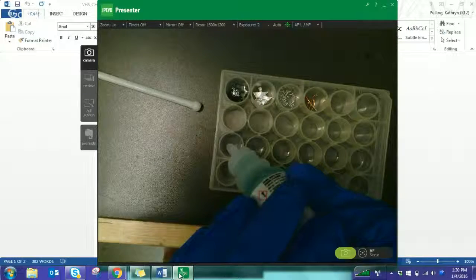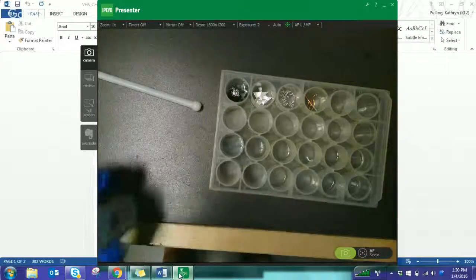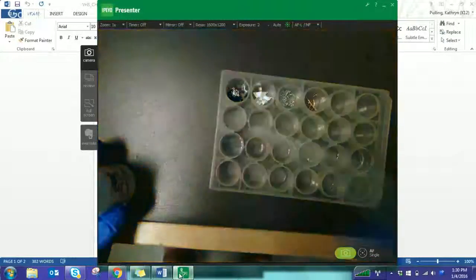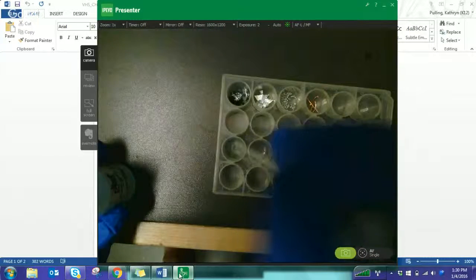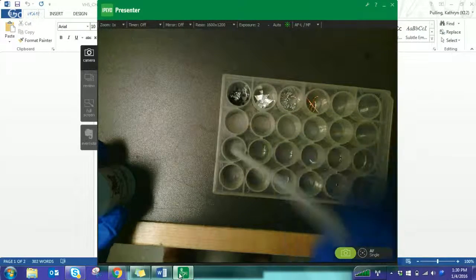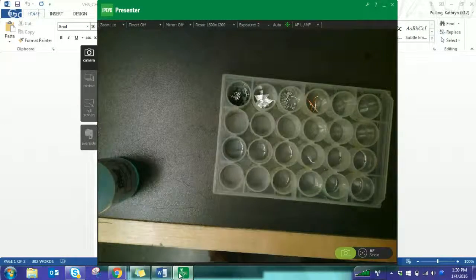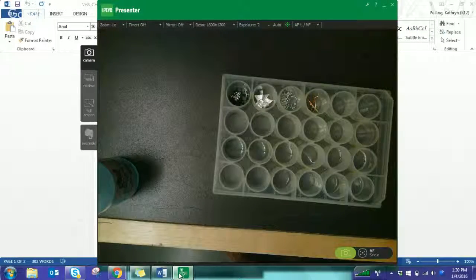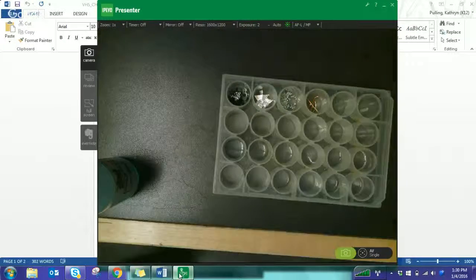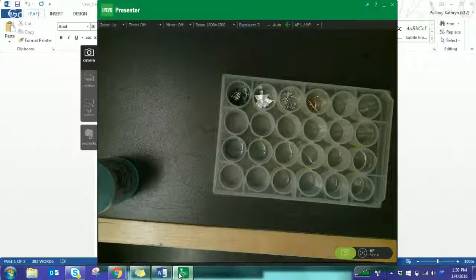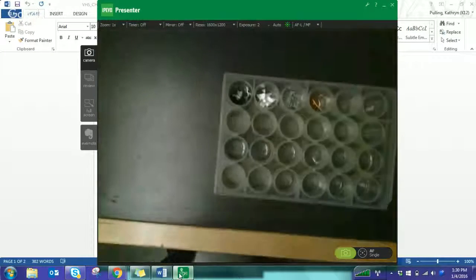So copper sulfate and sodium chloride. The very light blue got a little bit lighter blue because it got diluted by the sodium chloride, but I would not call that a chemical reaction. Let's see what happens to sodium hydroxide and copper sulfate.